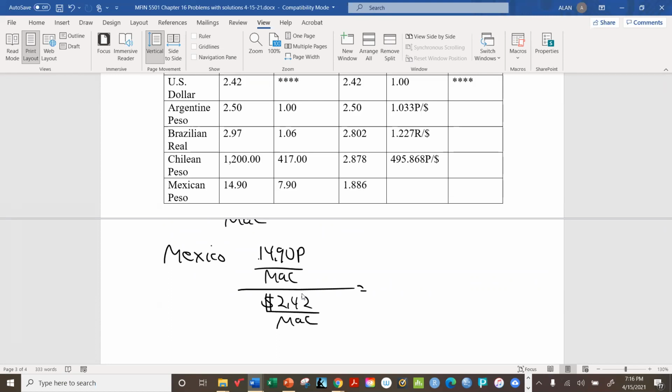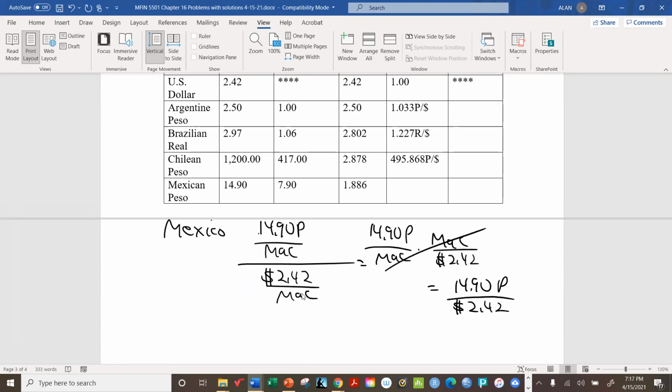Algebraically, this is the same thing as 14.90 pesos per Mac times 1 Mac per 2.42. Anyway, that turns out to be approximately 6.157 pesos per dollar. And again, it's really not that close to the actual exchange rate. It's quite a bit off.